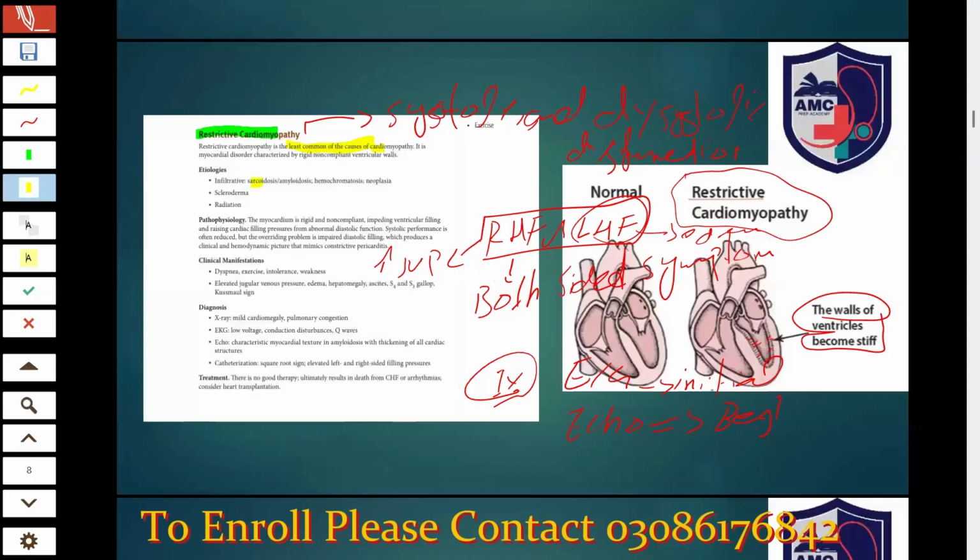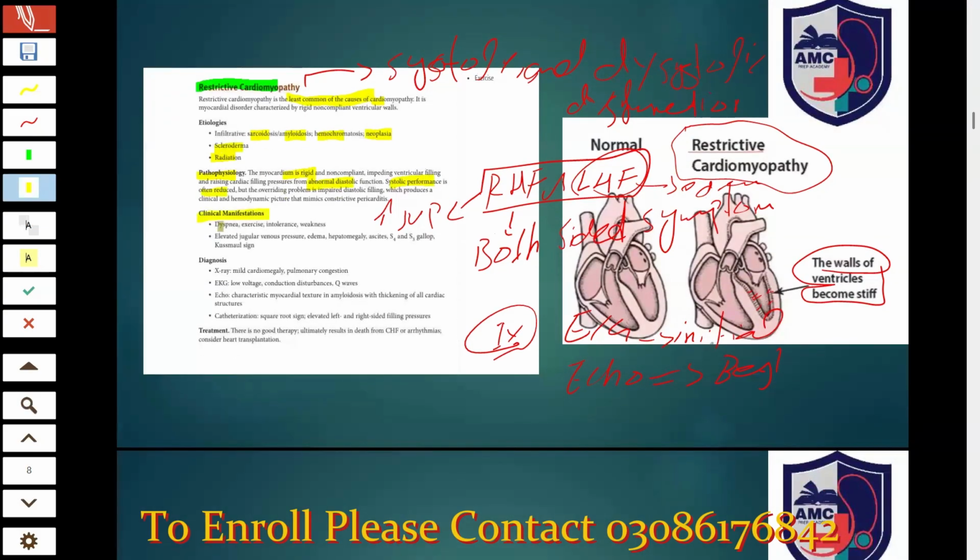Etiologies will be sarcoidosis, amyloidosis, hemochromatosis, neoplasm, scleroderma, radiation. Pathophysiology: myocardial rigidity, decreased compliance. Systolic performance is often reduced and diastolic is also a problem. Clinical manifestations: dyspnea, exercise intolerance and weakness. Diagnosis will be X-ray, in which we will see cardiomegaly, EKG will be initial and echo will be confirmatory.